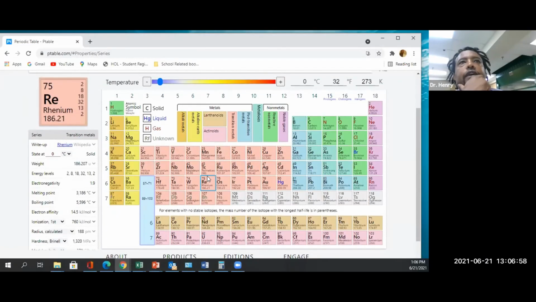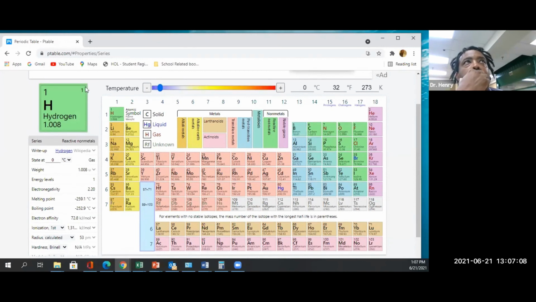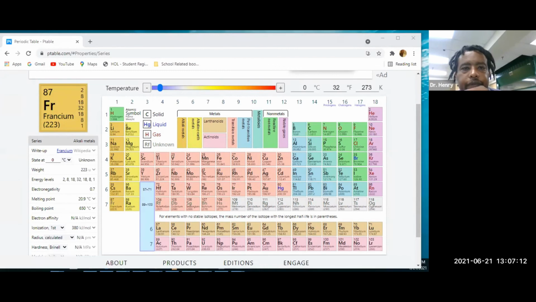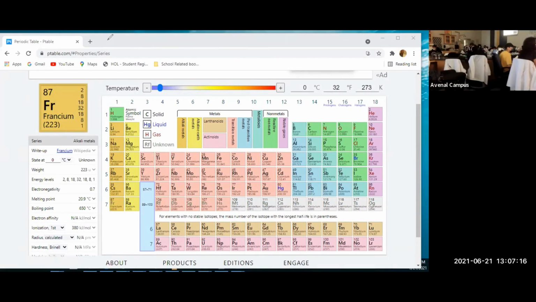Okay, so let's say that we're talking about tantalum. Okay, and what is the chemical formula, you guys?